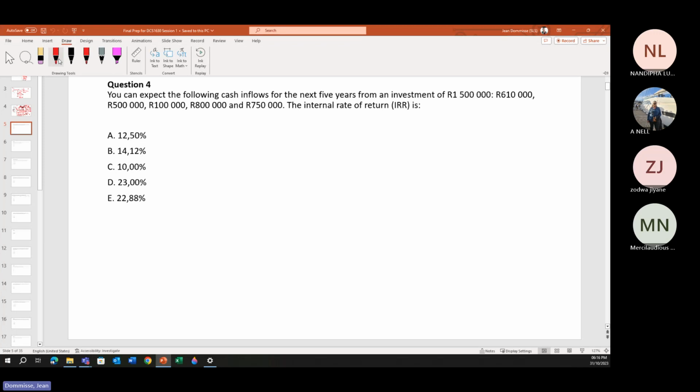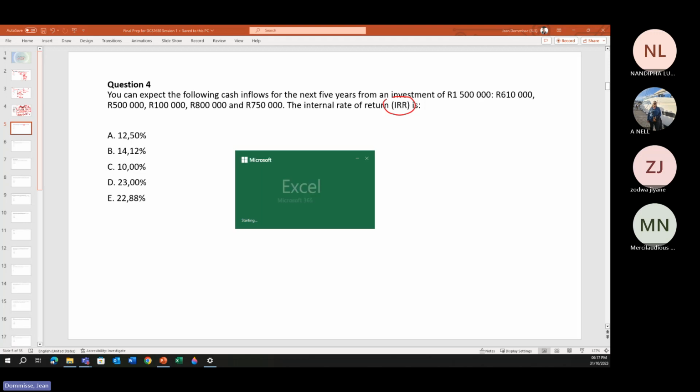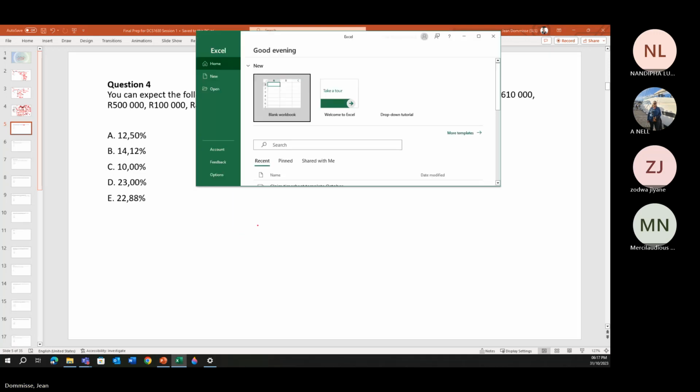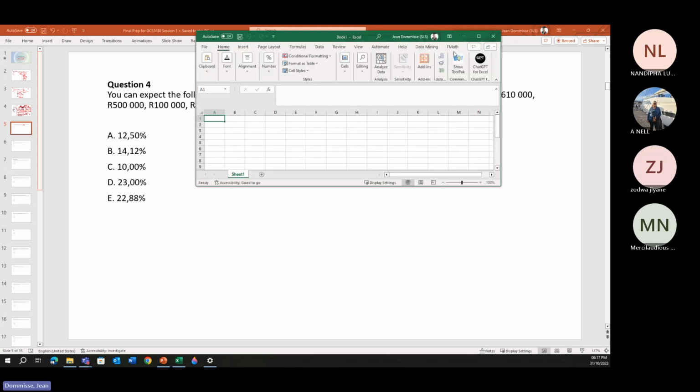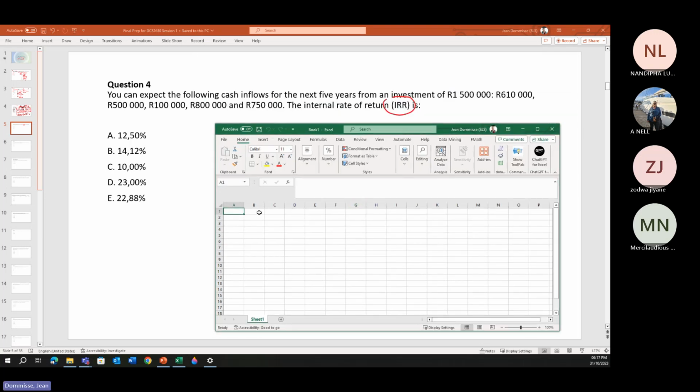So for the internal rate of return, again, you guys can use your calculator. I want to show you on Excel as well. So I will share this on the Excel with you in the chat as well.